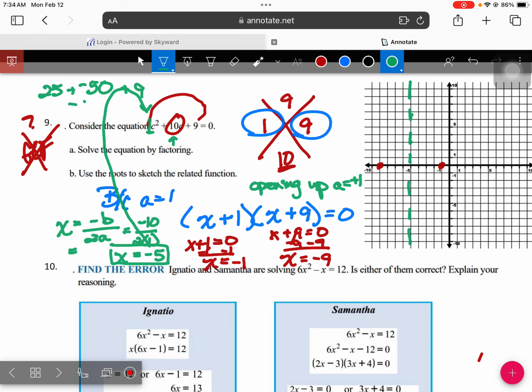So that is a negative 25 plus 9, which is going to be negative 16. So this one goes down quite a bit, off the chart even. So somewhere about right here. But again, I would not expect you to do that. If it just says use the roots, we're basically looking for the roots and for you to know that it opens upward, and it's going to look something like that. Okay? All right.